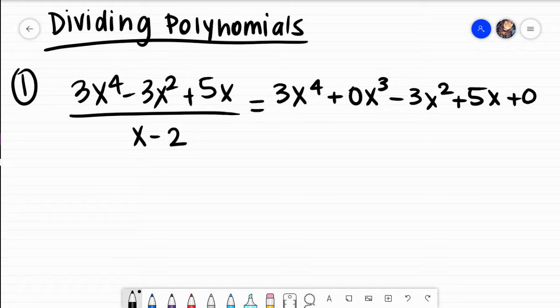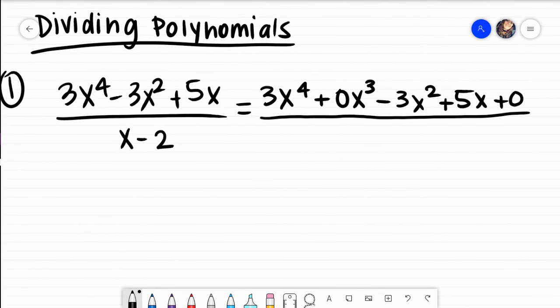As far as adding your constant, just knowing there's something tacked on there to the end, it really doesn't matter if you do 0x to the 0 power or if you just write your 0. I'm just making sure that's correct. Once I get there, I'll notice whether I need to do x to the 0 power or not.